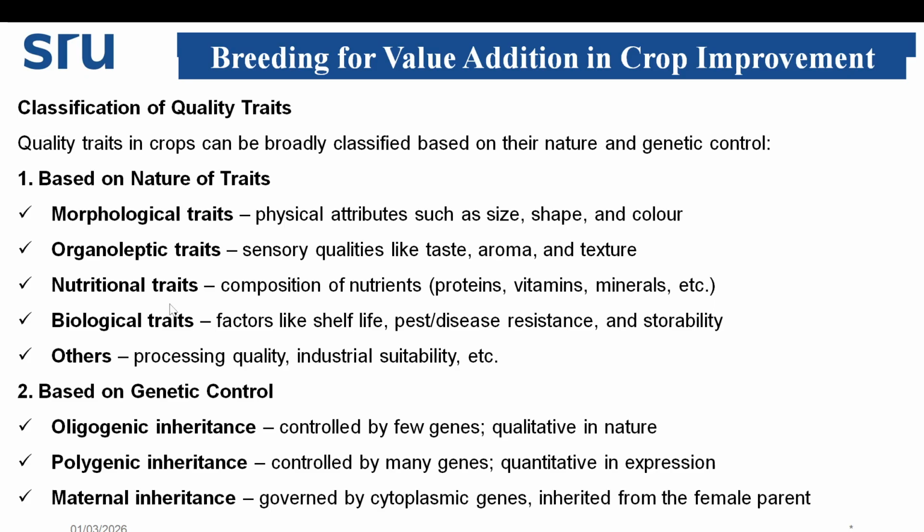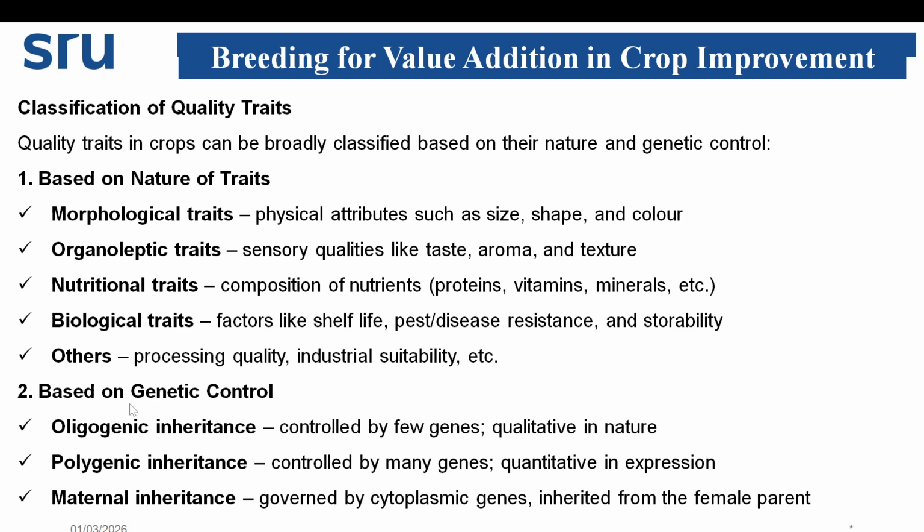Next, nutritional traits, that is composition of nutrients, protein, vitamins and minerals. Next, biological traits, so factors like shelf life, pest and disease resistance and storability. And the others, the most important, that is processing quality and industrial suitability. So these two are the major traits based on the nature of use.